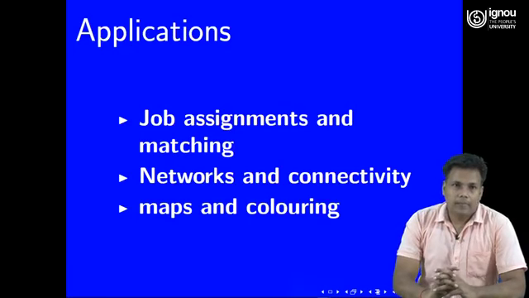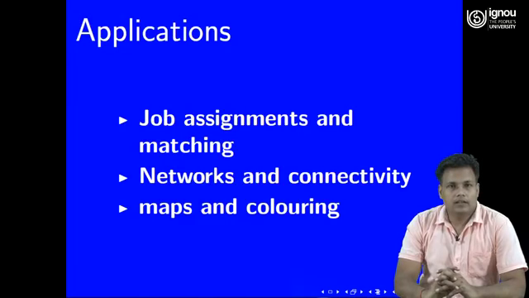So after having a basic understanding of what a graph is and what its elements are, I would just talk about how graphs arise and what the specific applications of graph theory are. The first application I would talk about is job assignments, and this gives the concept of matching.